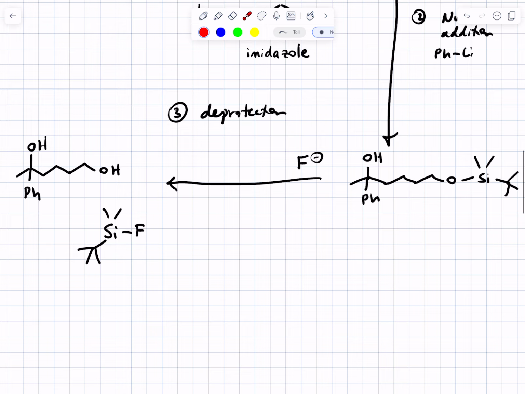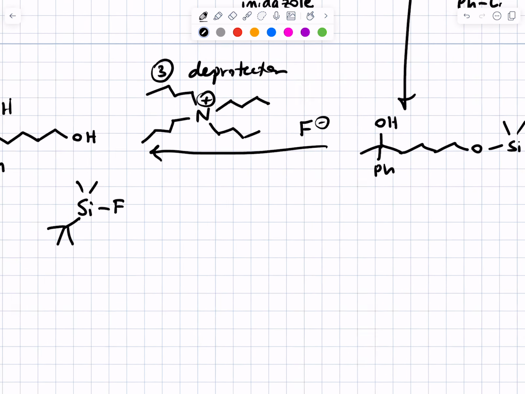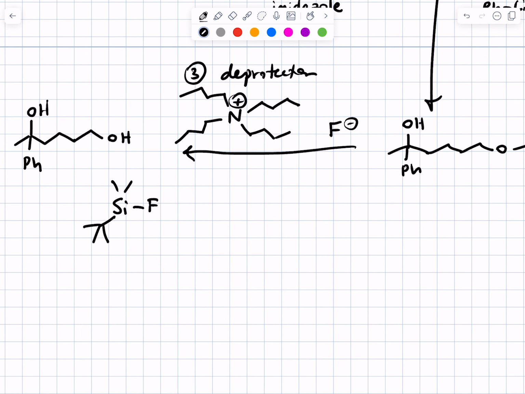It's not particularly soluble in organic solvent, so you need a counter ion that will help it be soluble. The counter ion of choice is actually a nitrogen-based counter ion where the nitrogen is bonded to 4 alkyl groups. That's called a quaternary ammonium ion, and together with fluoride forms a quaternary ammonium salt.